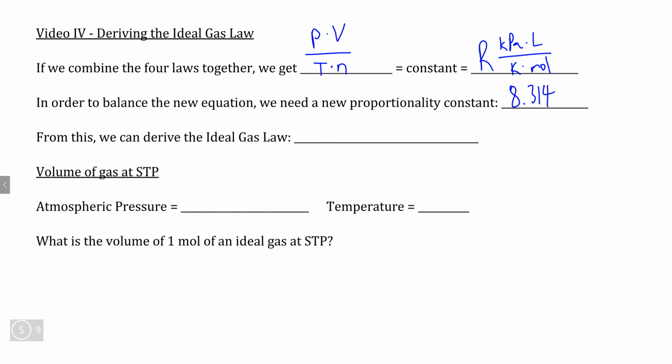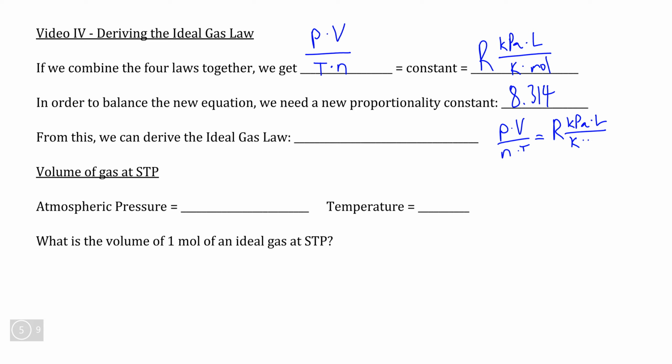We can use R and rewrite this formula slightly, so if I just write out PV over nT is equal to R, and let's keep in the units just to see that this all balances out.